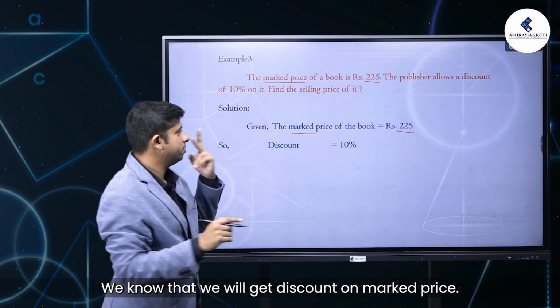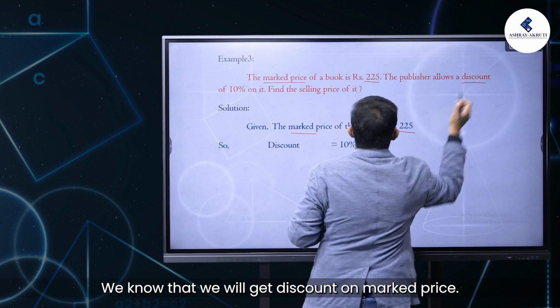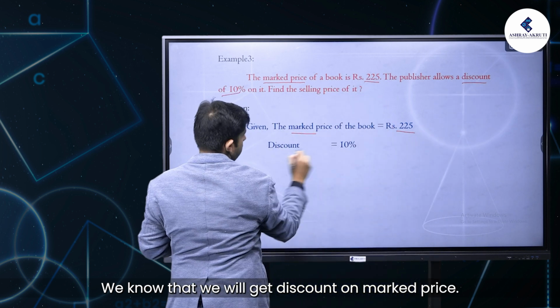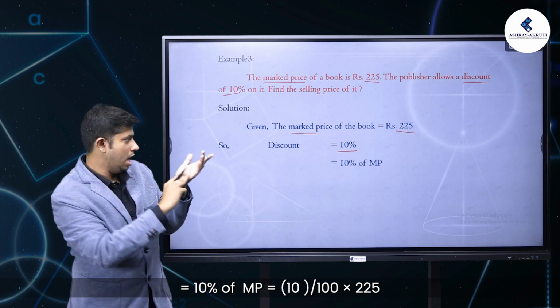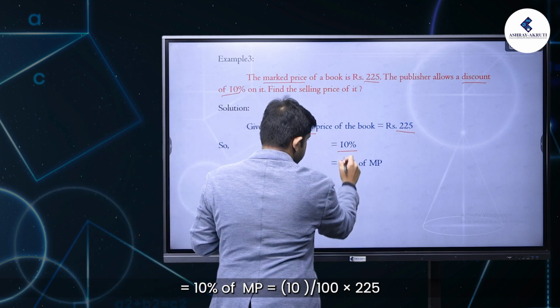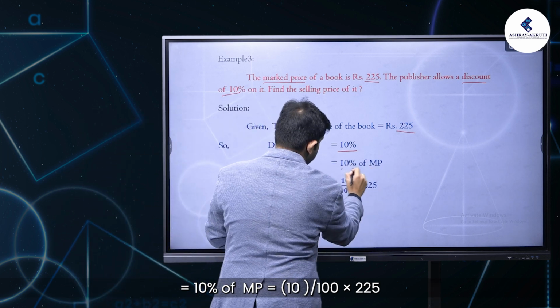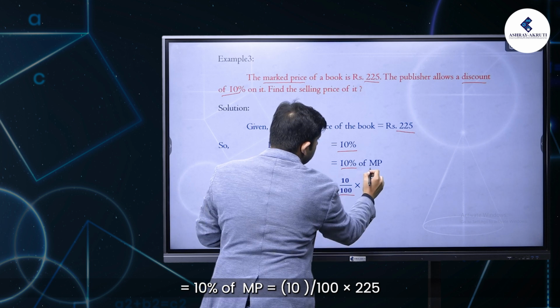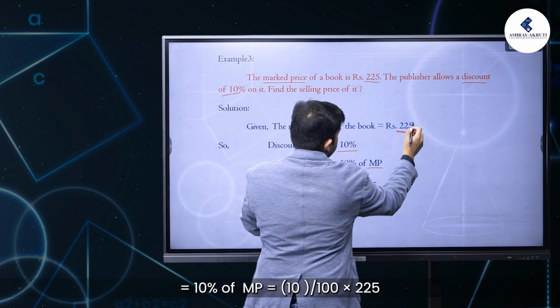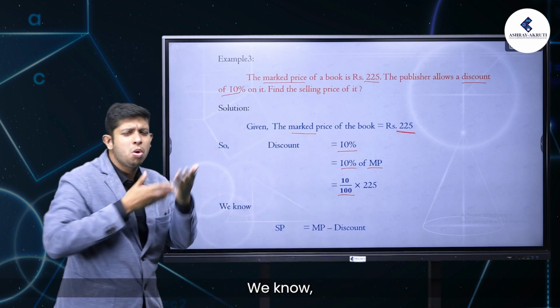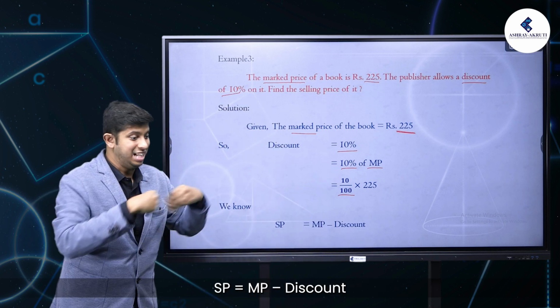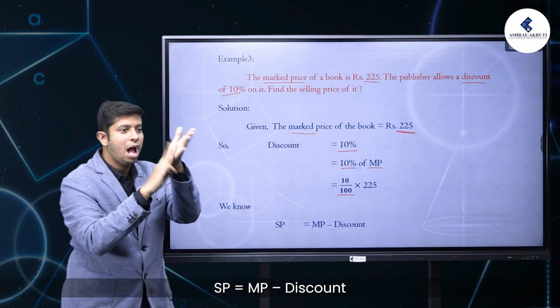We know that we will get discount on marked price. So discount equals 10%, equals 10% of marked price, equals 10 by 100 into 225. We know selling price equals marked price minus discount.